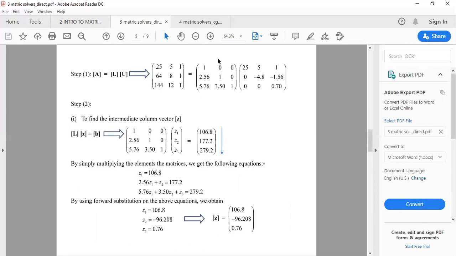For any matrix, you get a lower diagonal matrix and an upper diagonal matrix. The only condition is that in the lower diagonal matrix, the main diagonal entries are made as 1, and then we proceed further.